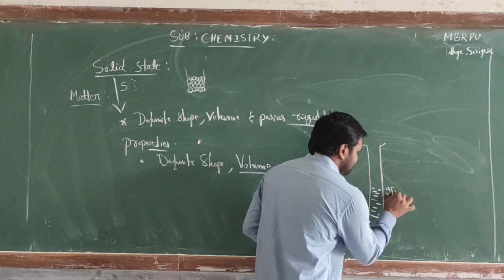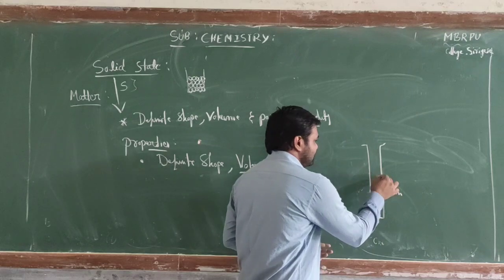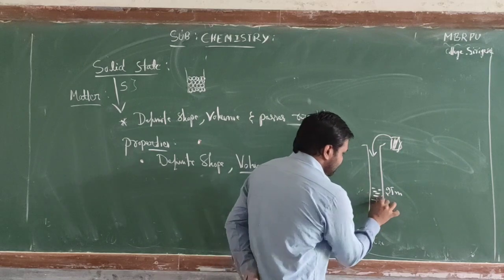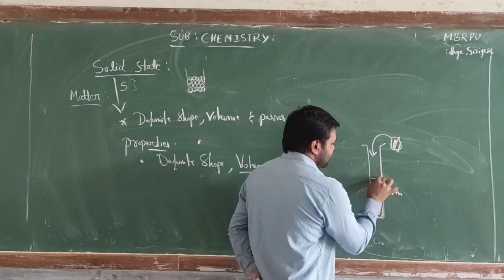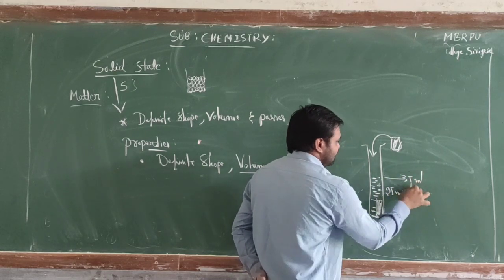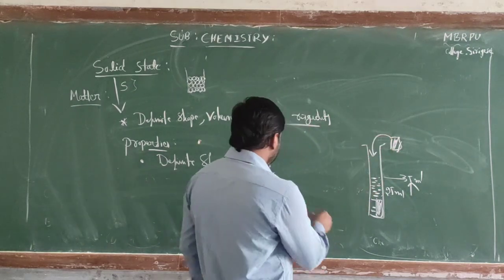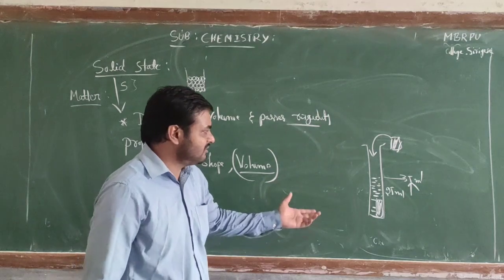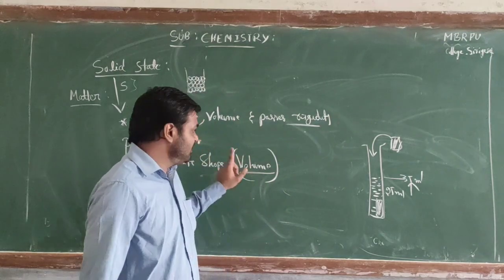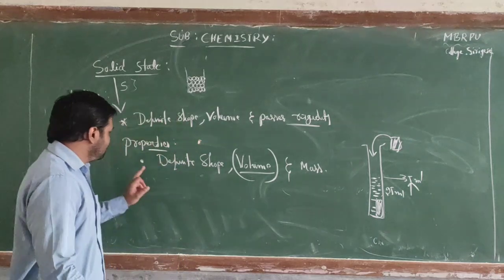This is 25 ml of water. You put some solid material, a metal, anything, into it. Then the volume increases to 35 ml. So the solid material gives a volume. This is a simple experiment to identify that solids have volume and also mass. Right? So next point.